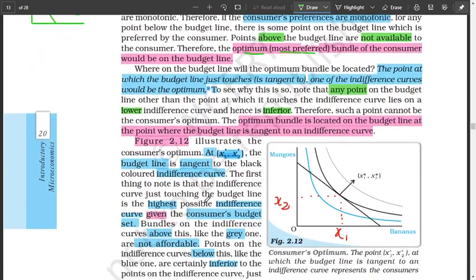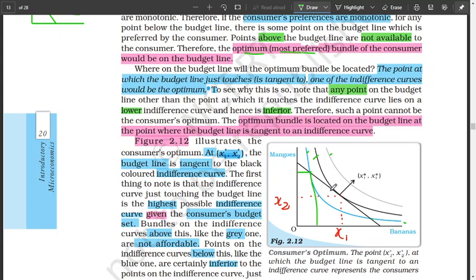Let's look at this figure. Here you have one indifference curve, two indifference curves, three indifference curves, with this budget line. Any point on this budget line gives him a bundle that he could choose. If he chooses this one point, it gives him the satisfaction of this first IC, the lowest IC. He could spend all his money, but we know there are other indifference curves above.